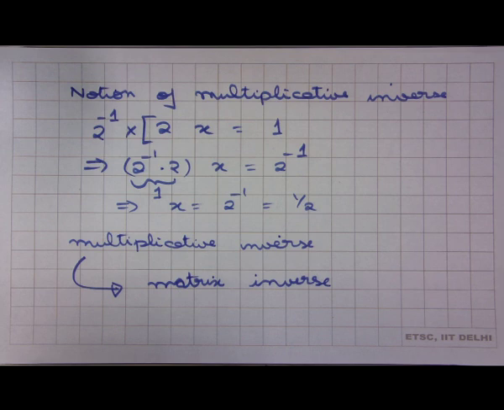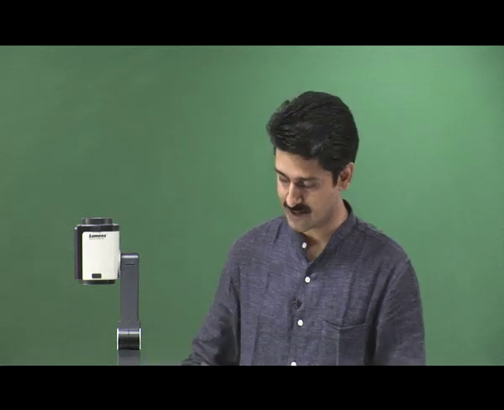So, broadly speaking, we want to have an inverse, and why would we want a matrix inverse? Because just like here we have 2 times x equal to 1, we could have a general matrix equation which is A times x is equal to B, and here x is not just a scalar but a vector, and so is B. One way to solve it is to find the matrix inverse A inverse, multiply both sides, and then get a solution for x.